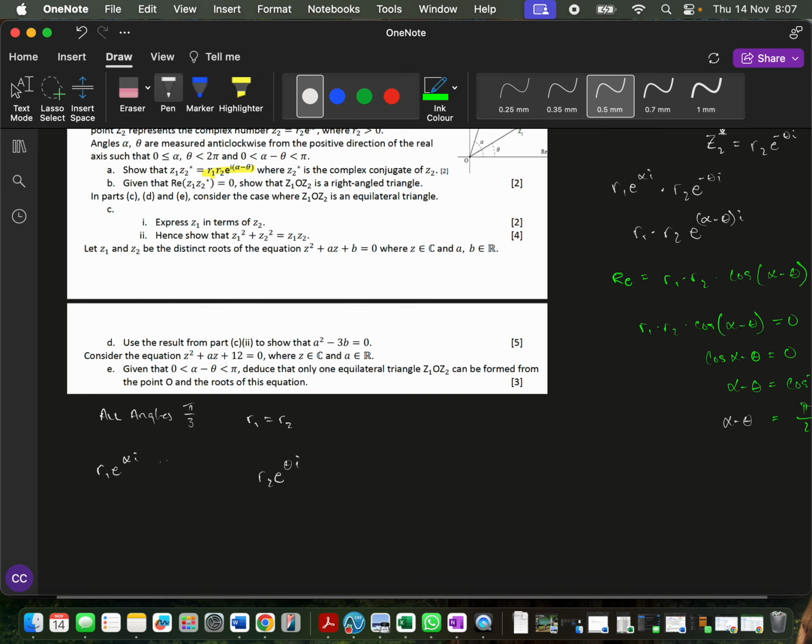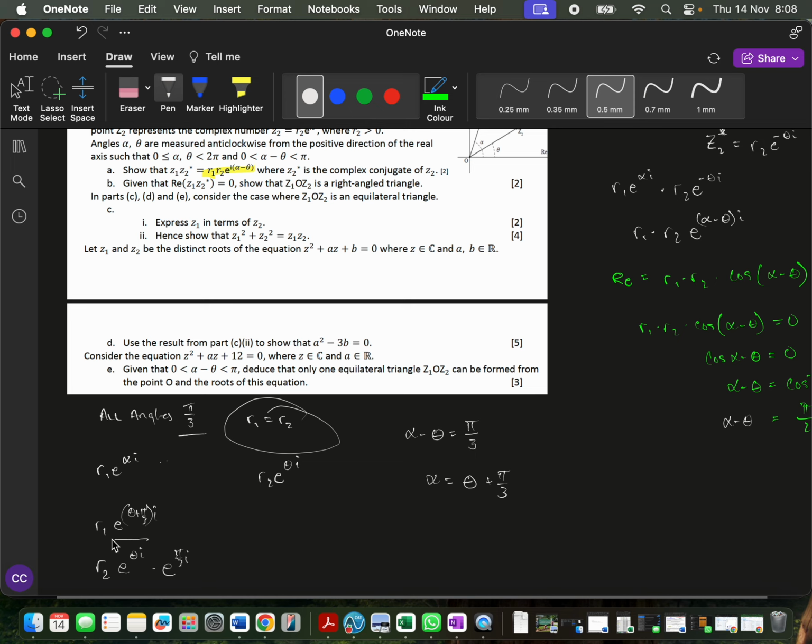So let's look at how we might be able to do this. First and foremost, if the angles are that, then alpha minus theta has to be pi over 3, which means that alpha is the same as theta plus pi over 3, right? So already we've got r1e^((theta plus pi over 3) i). We've already stated that r1 and r2 are the same, so that would be r2e^(theta i) times e^(pi over 3 i).